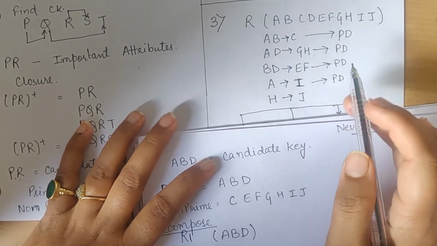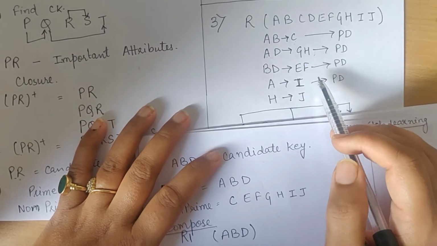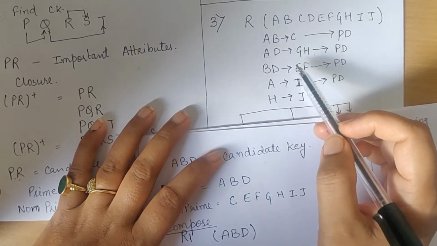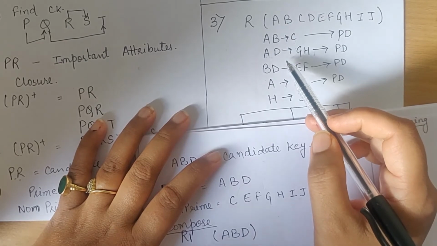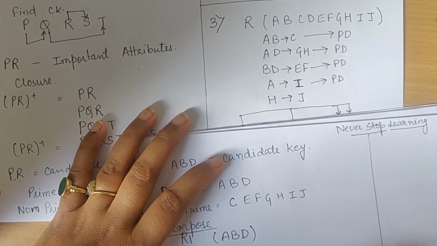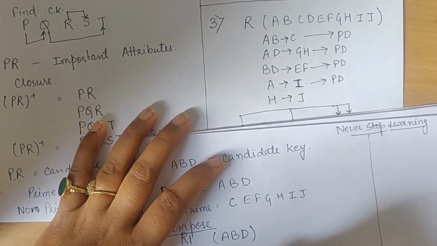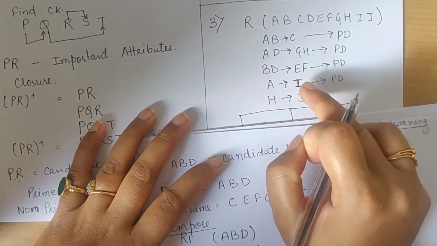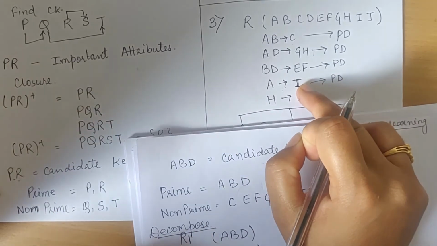No. Right? That's it? Yes. But you can see A determines I. AB determines C and A alone also determines I, so I will also come here.